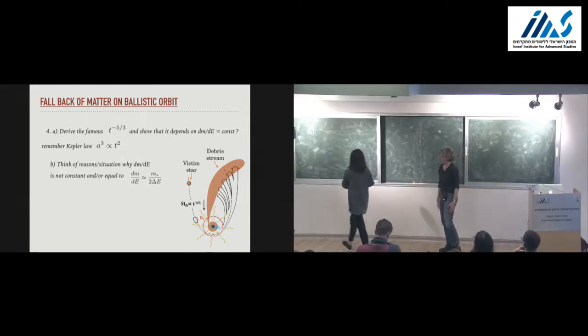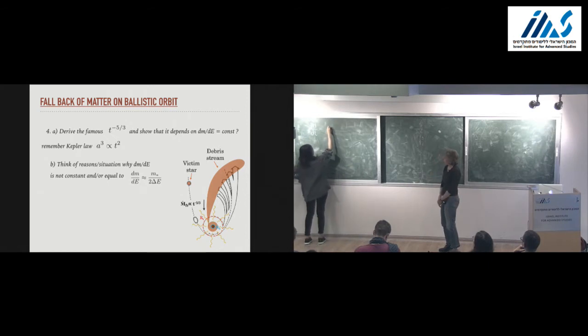Okay. So basically, if you use the chain rule, this becomes dE over dA times dA over dt. And we know that orbital energy is like this. And then if you plug in Kepler's law, A will be proportional to this.